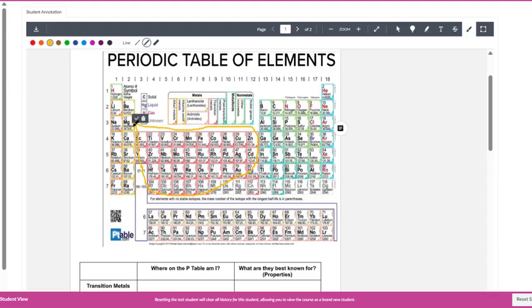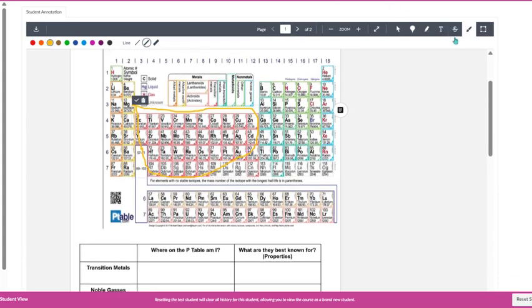So transition metals. Let's give some basic properties. They are group 3 through 12. And if we look up here, this is group 3 through 12. Let's get some properties. I'm going to type this one out. Transition metals.